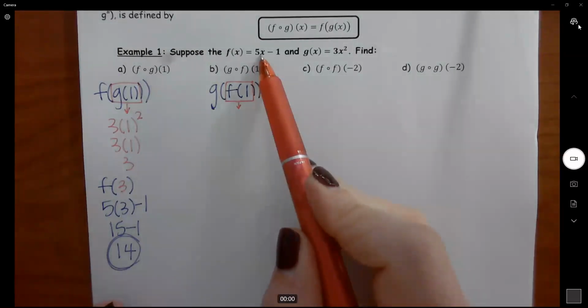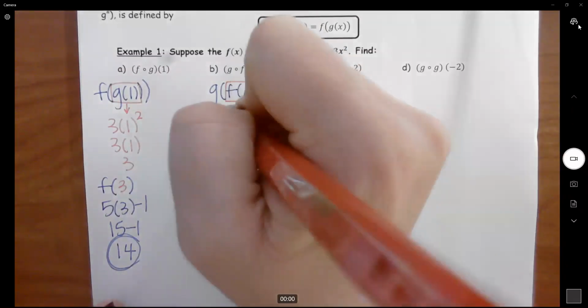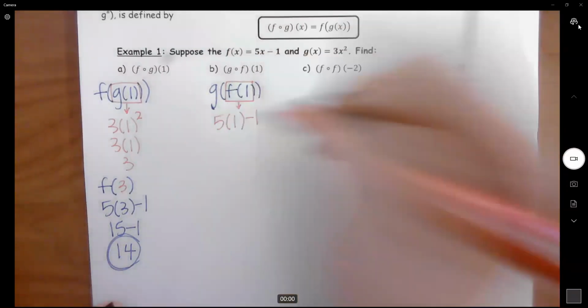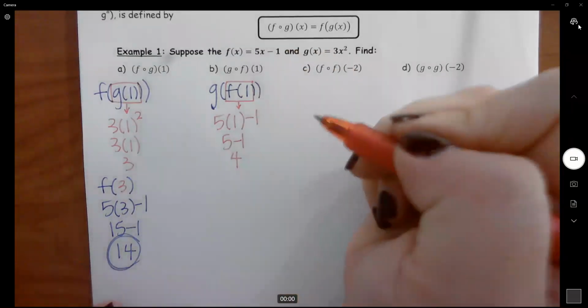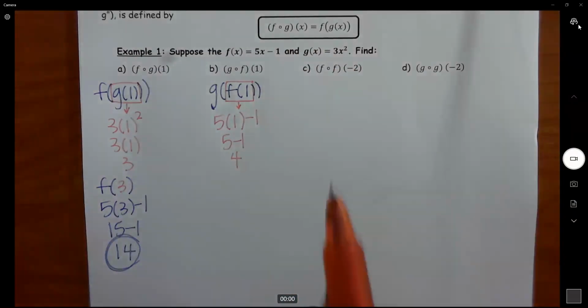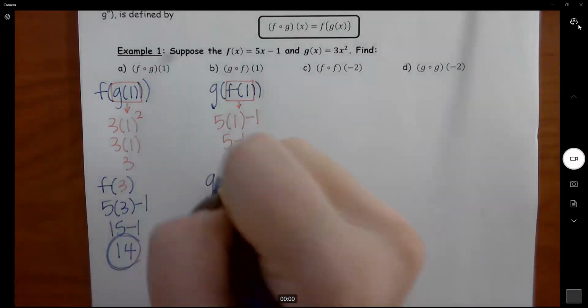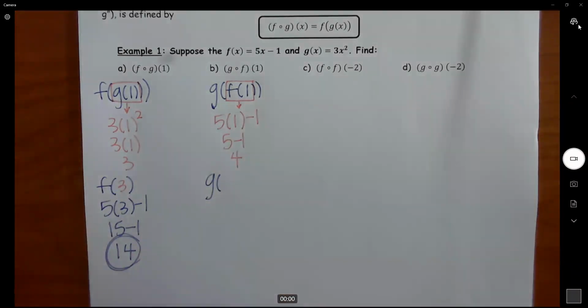So where I see my x here in my f function, I'm going to replace it with 1. So this is 5 times 1 minus 1. We get 5 minus 1, which is 4. Okay, again, that's only my f of 1. So now I have g of my f of 1, which equals 4.